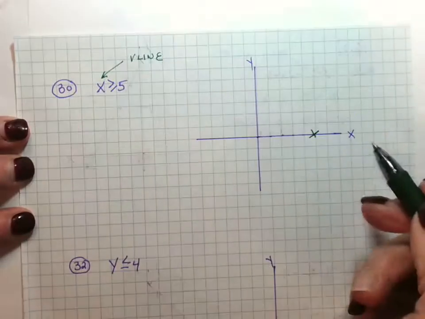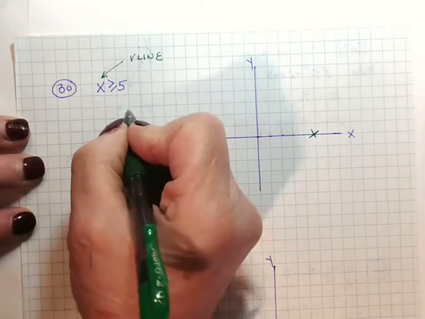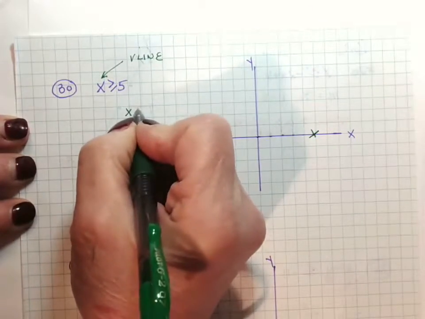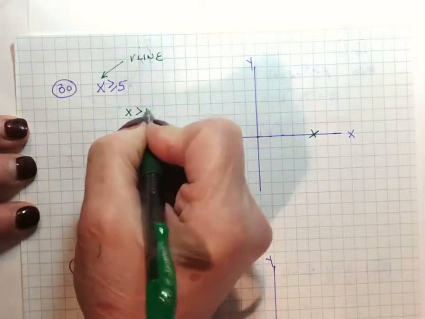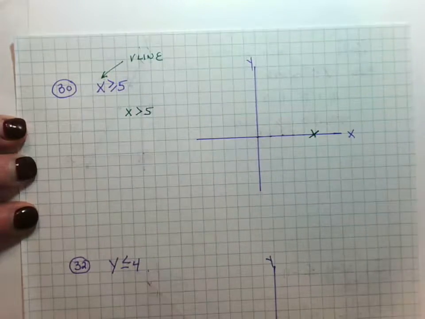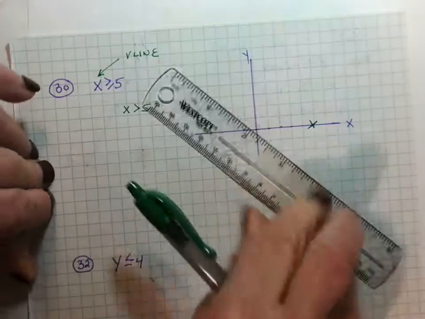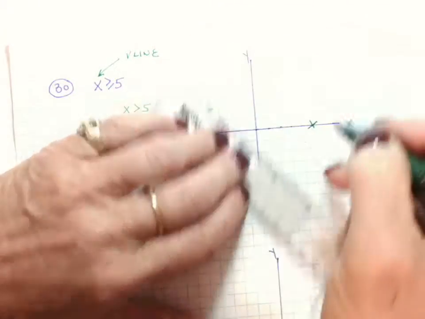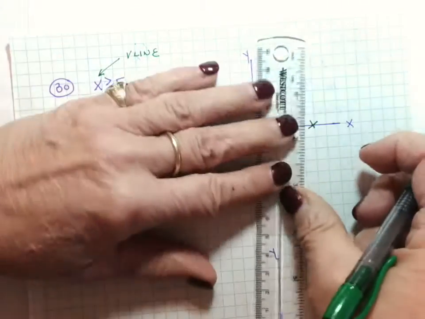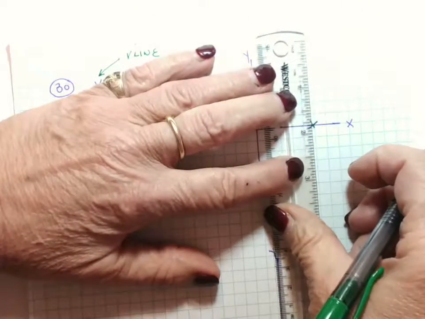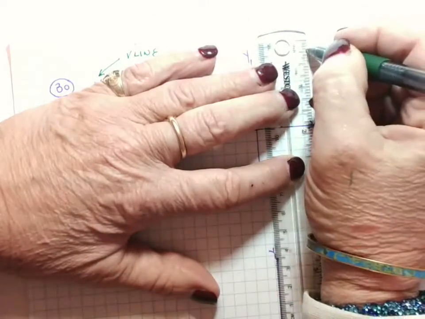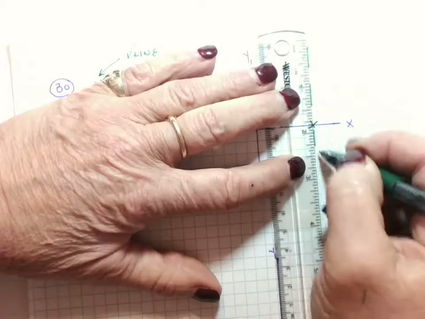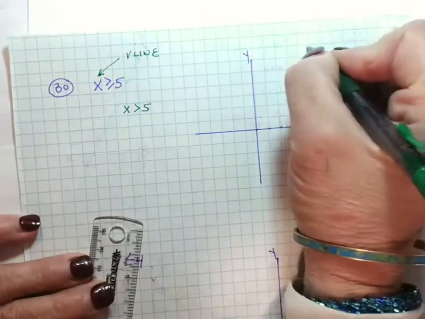Okay, so if this equation was x is greater than 5, just for example's sake, then this line, which is a vertical line, would be dotted.